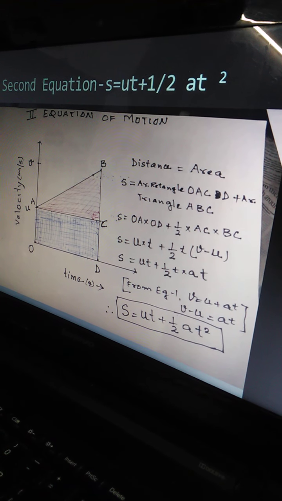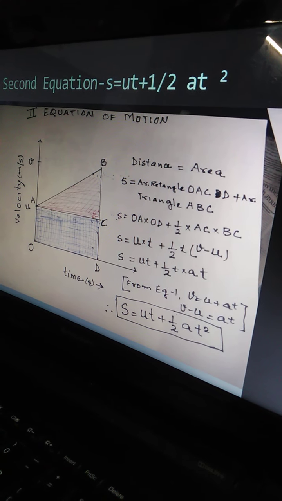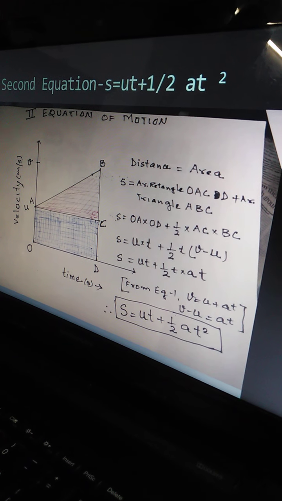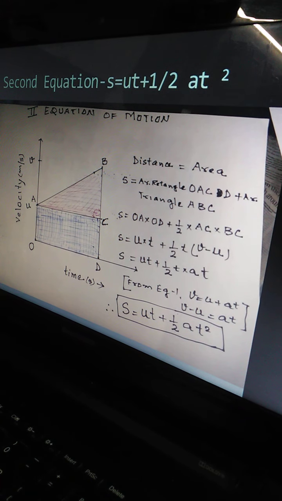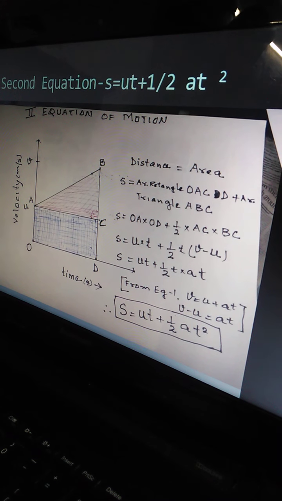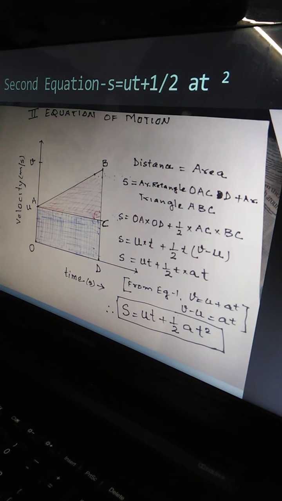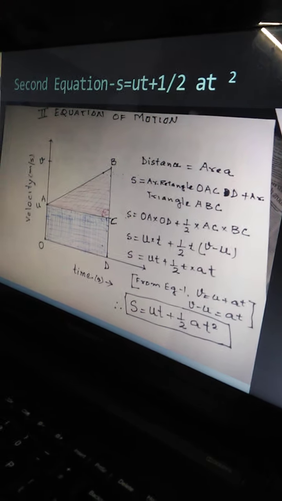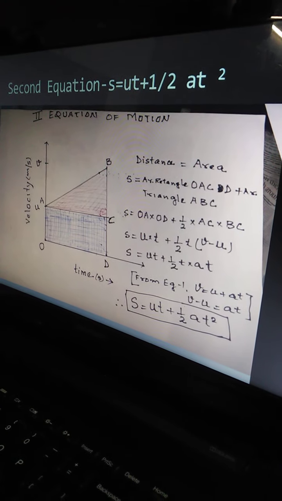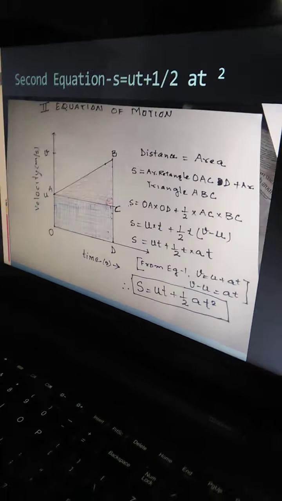And what you get? S equals ut plus half at square. Right? That is our second equation of motion.